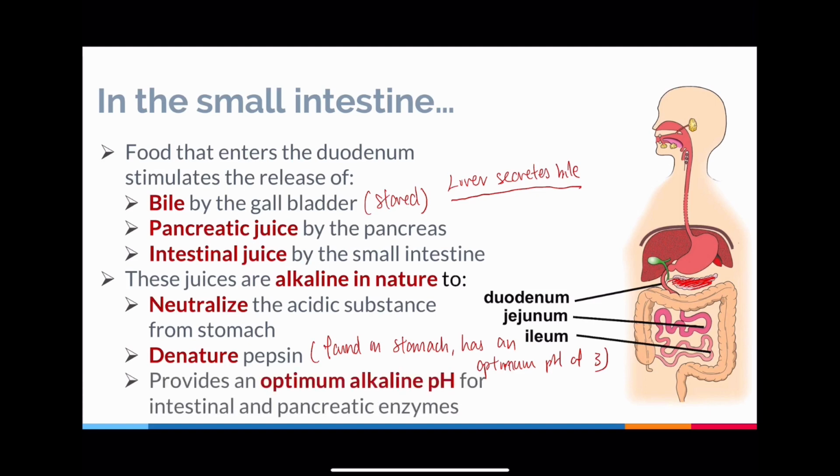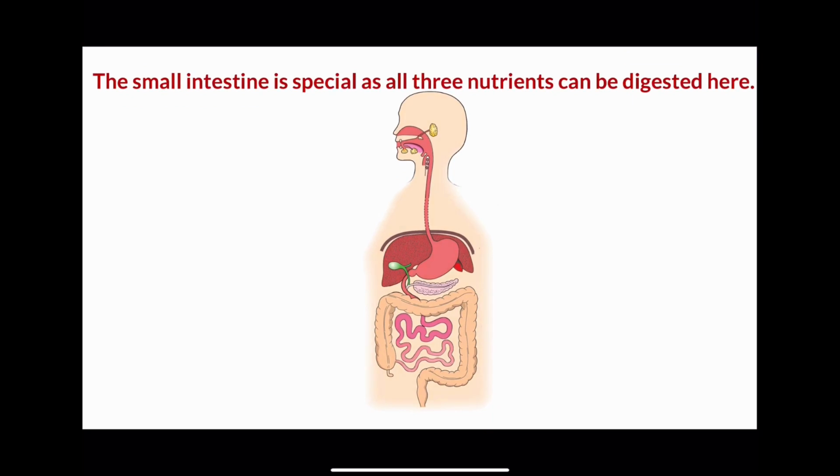Last but not least, this ensures that you provide an optimum alkaline pH for the enzymes inside the small intestine to function. So you realize that while the mouth is neutral, the stomach is acidic, the small intestine is alkaline. What makes the small intestine so unique is that all 3 nutrients can be digested within it, with the help of the associated organs.